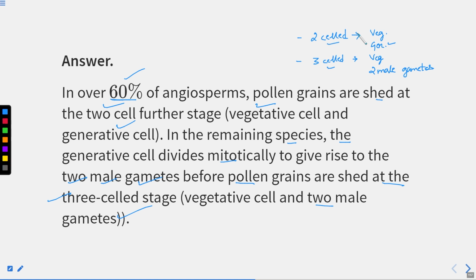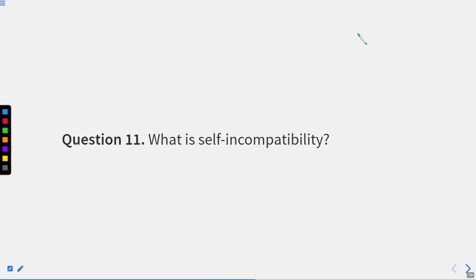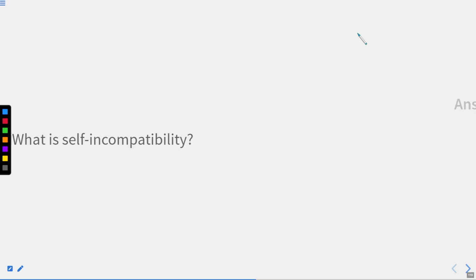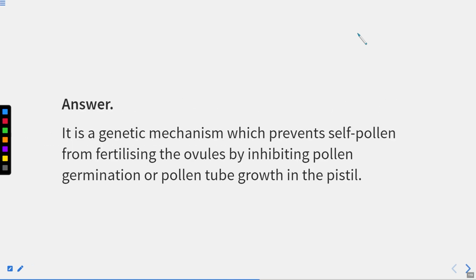All right. Now, question number 11. What is self-incompatibility? Now let's have a look at the answer. It is a genetic mechanism which prevents the self-pollen from fertilizing the ovules.